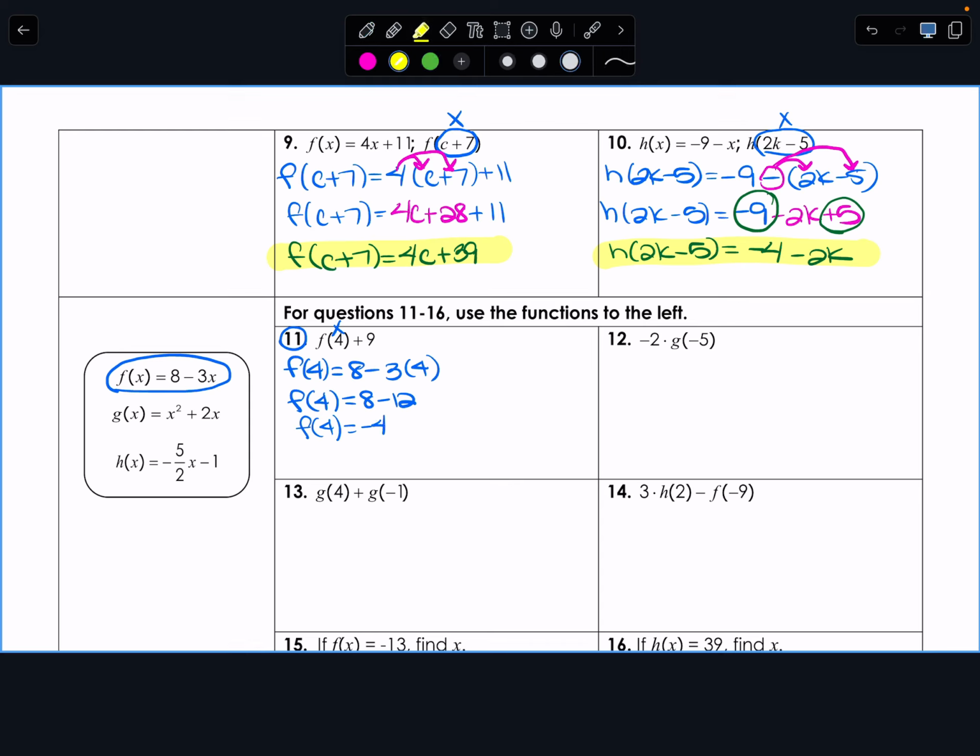Now this is where it gets a little weird because I want an f of 4 plus 9. So f of 4 plus 9 is negative 4 from before, and then I'm adding my 9. So I get 5.